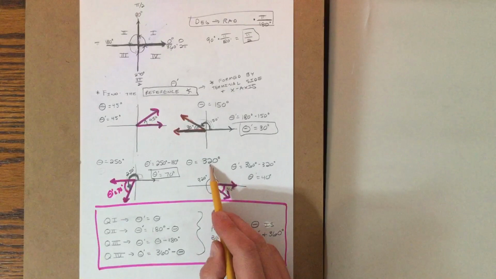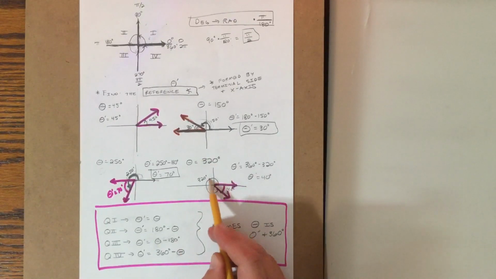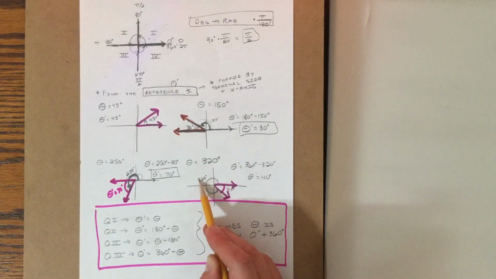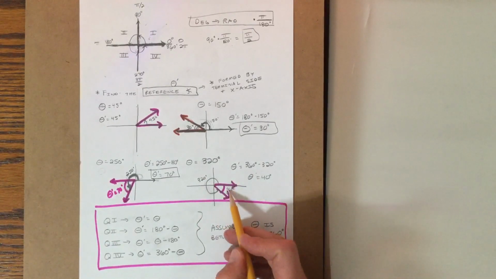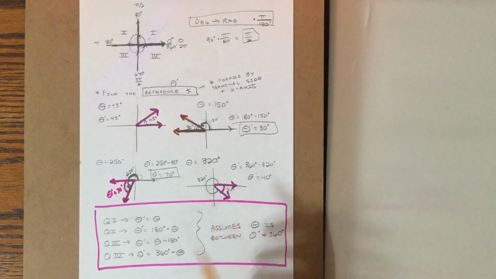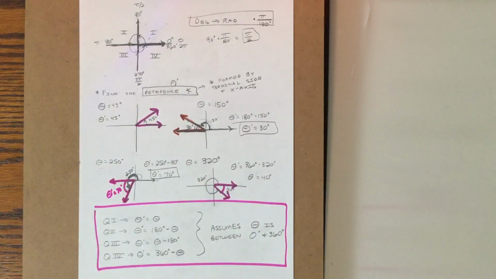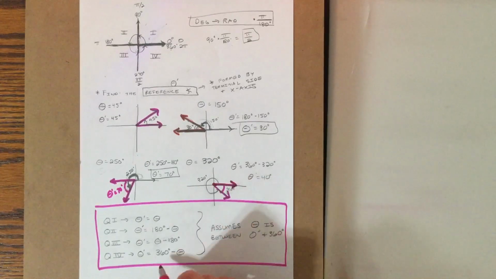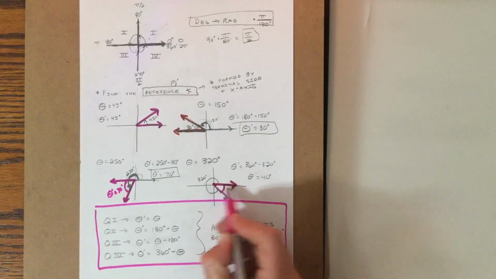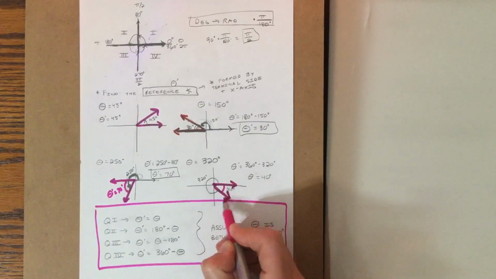Into quadrant 4, 320 degree angle, so that would be this amount of rotation here. So again, this is theta. All right, to get theta prime, which I have marked as 40, we need to first consider what the reference angle is. Again, the reference angle is going to be the angle formed between the x-axis and the terminal side.